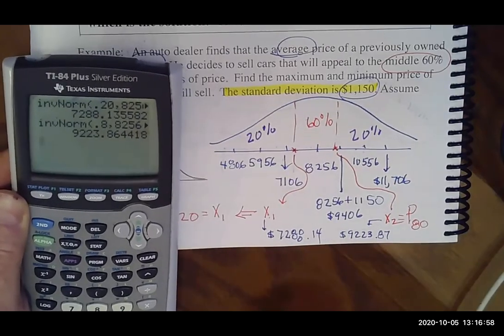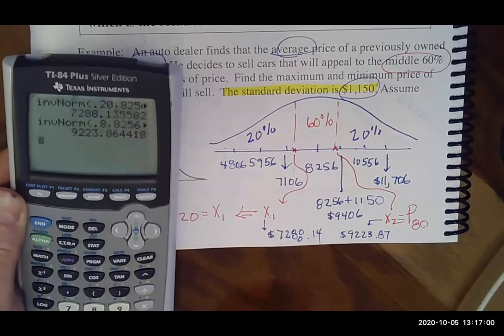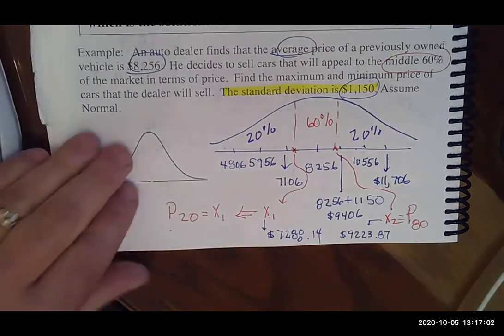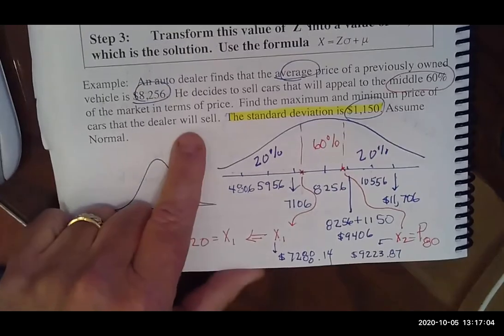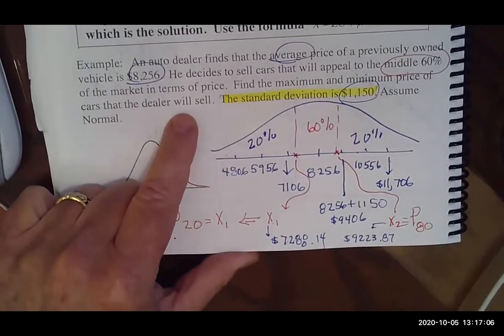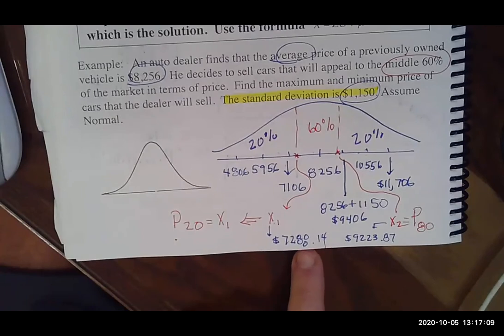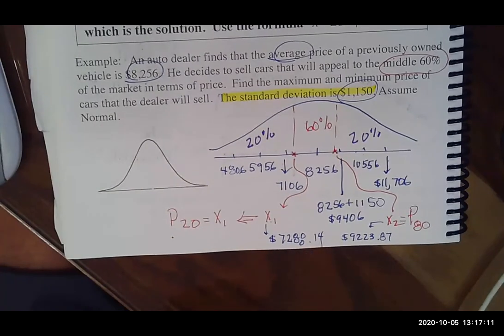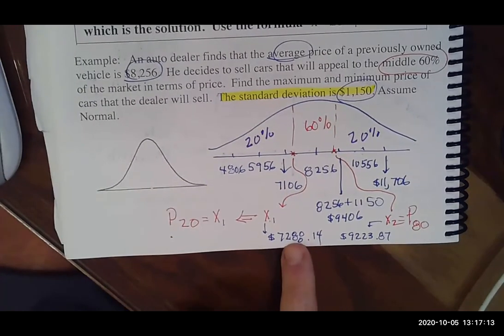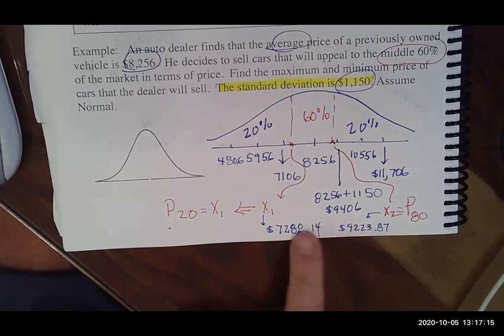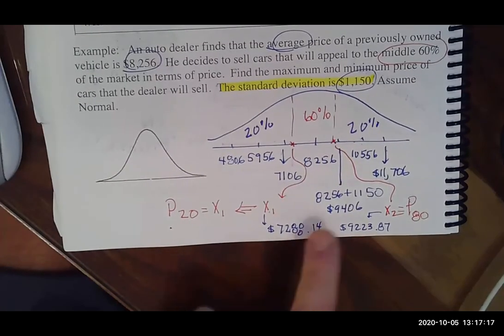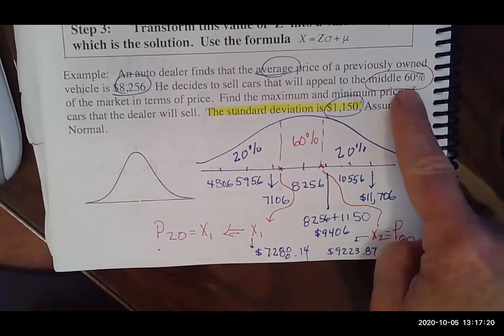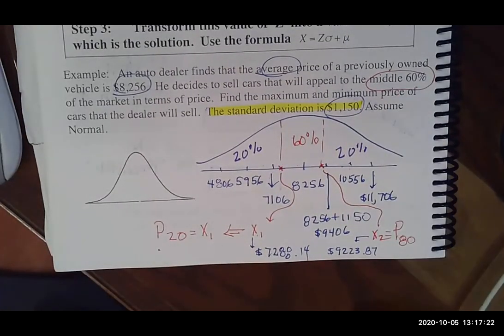The question says find the maximum and minimum price of the cars the dealer will sell. The dealer is going to sell between these two dollar amounts for used cars because he wants to appeal to the 60% of the car buyers out there. Because he can't have all the cars on the lot. They don't have enough room nor enough money.